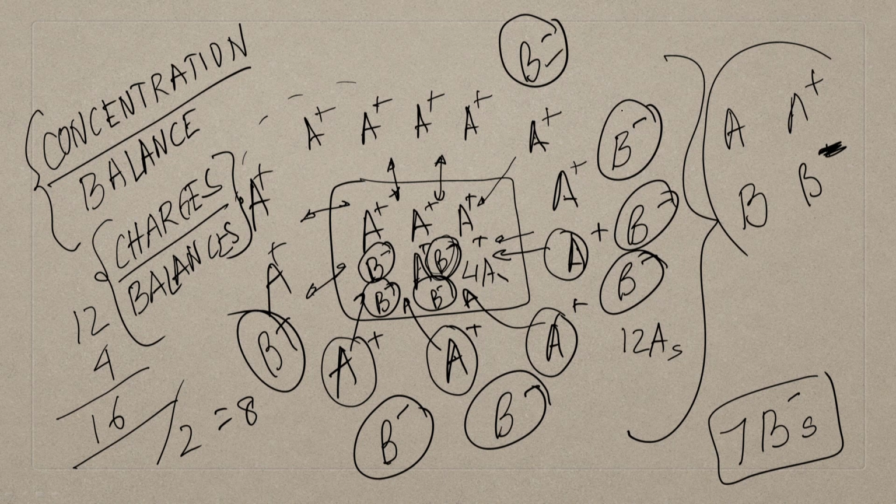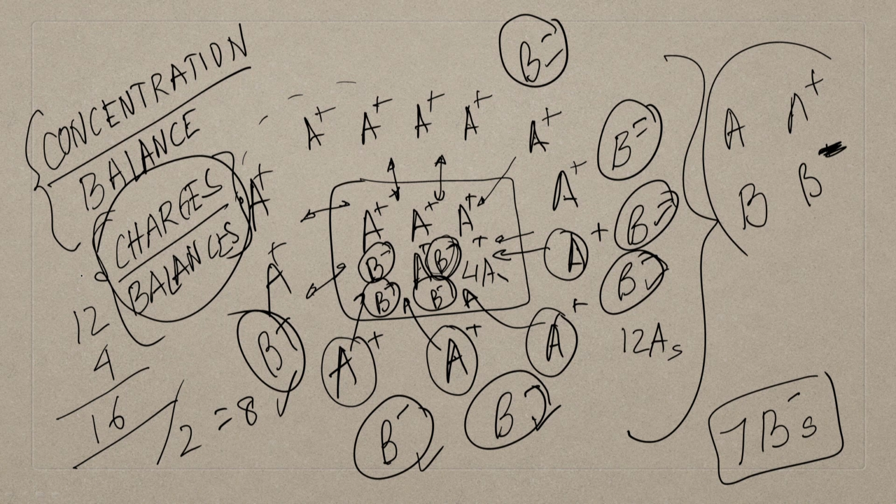There are 1, 2, 3, 4, 5, 6, 7. These 7 B's can directly enter inside the cell. If 7 B's enter inside the cell, there are already 4. 7 plus 4, it becomes 11, right. Now, if they enter, they cannot balance. So, it means the charge balance will be in question as well as the concentration balance. Now, you are realizing the complexity of the situation.